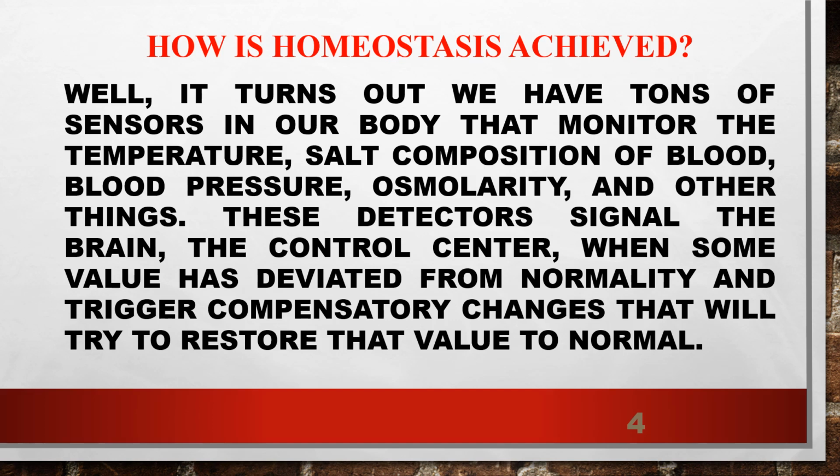For example, our body requires glucose; the glucose level in an adult person is supposed to be maintained at 90 milligram per 100 centimeter cube. If this level of glucose goes below 90 milligram per 100 centimeter cube, these receptors or detectors will signal the brain, telling the brain that in the blood the content of glucose is far below normal. Then the brain sends signals to one of the organs responsible for regulation of glucose level.